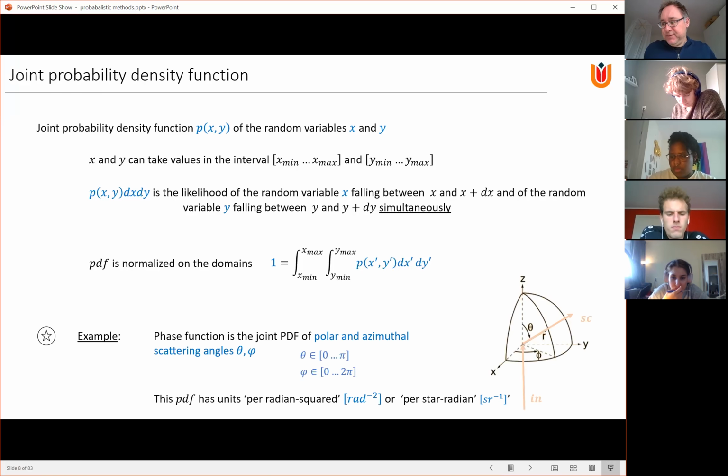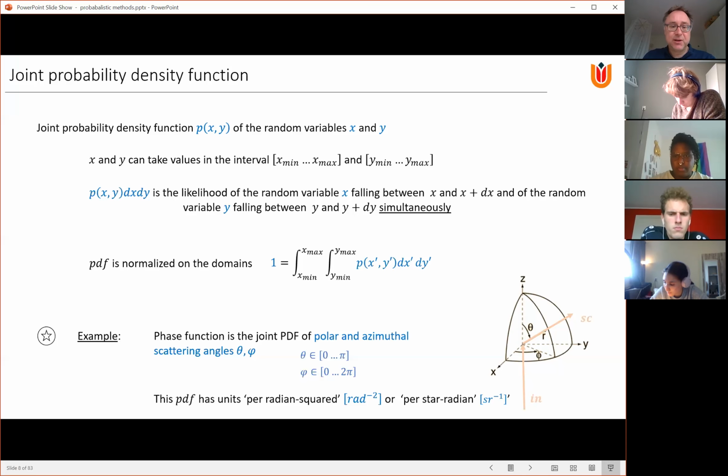And of course, the prime example of a joint probability density function that we saw in this course is the phase function, the joint probability density function of the polar and azimuthal scattering angles, theta and phi, with the intervals theta from 0 to pi and phi from 0 to 2 pi, as you know.